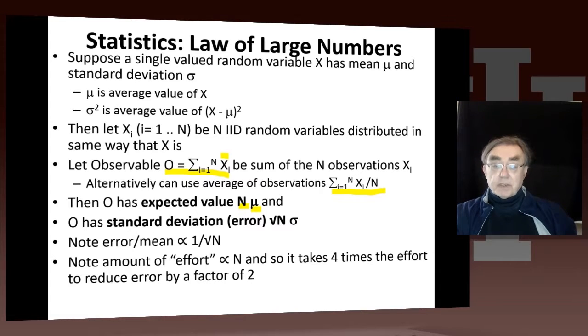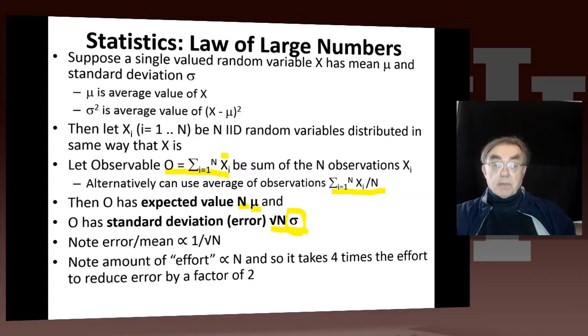And that's sort of trivial. Here's something that's not so trivial, although not difficult to prove: the error, or the standard deviation of this observable, is the square root of the number of events times sigma, where sigma is the standard deviation of x. All of these x sub i are drawn from the same distribution.